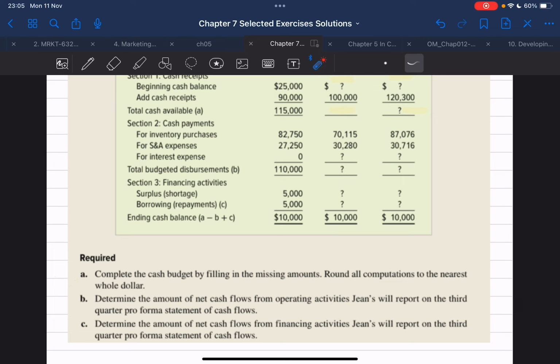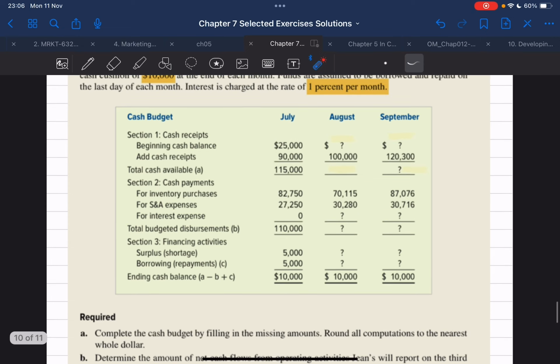A, complete the cash budget by filling in the missing amounts and round all computations to the nearest whole dollar. Although this might look a little bit scary, you are not going to be required to create the cash budget from scratch. So that's going to make your life a lot easier. All you need to do is just figure out all of these missing amounts in the cash budget.